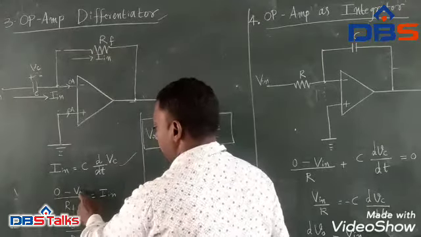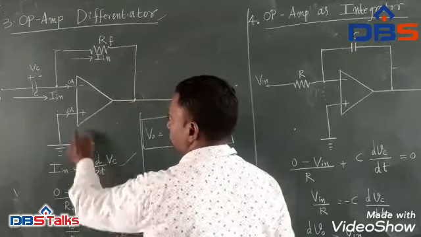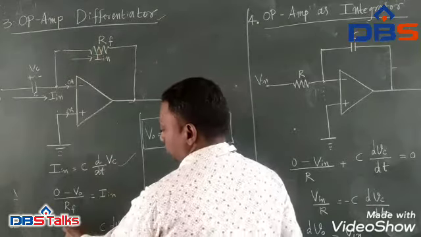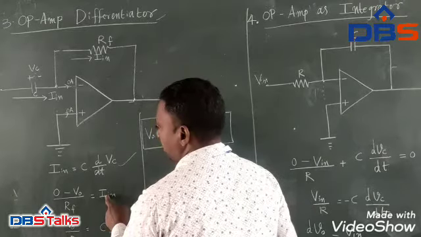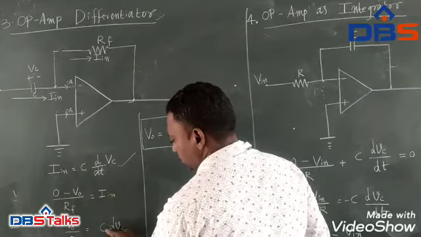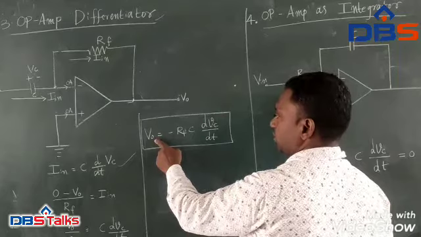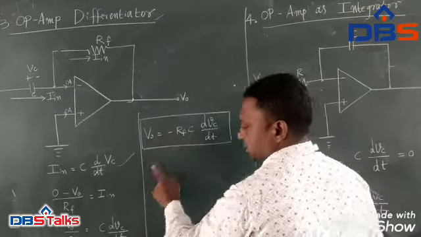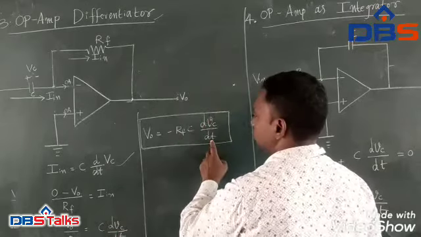So 0 minus V0 by RF is equal to the input current IN, and IN is equal to C dVc by dt. From that we can write V0 is equal to minus RF into C dVc by dt.